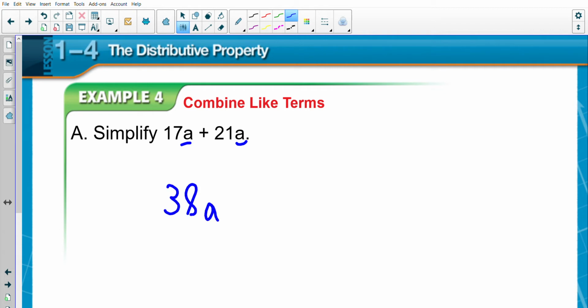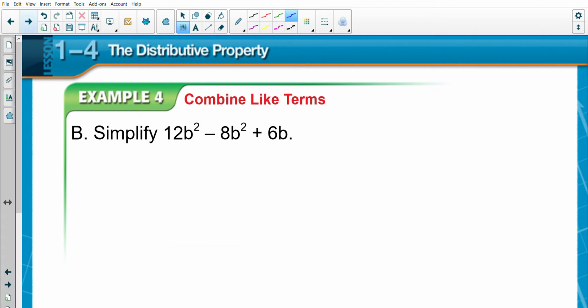Whatever the variable is, the variable stays the same. That's it. And again, this is an expression. This is how we simplify an expression. Questions, comments, concerns? Feeling good? All right.